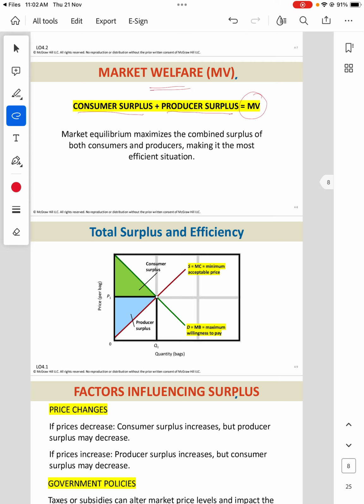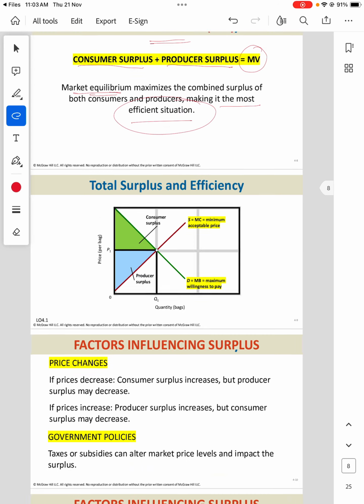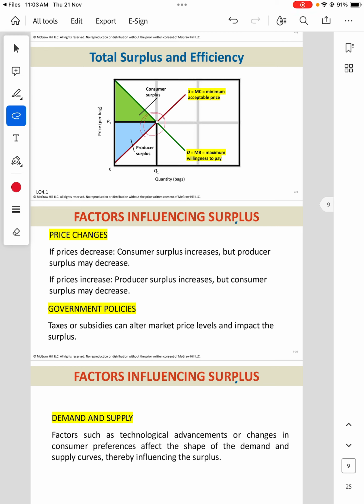Market welfare, or market efficiency, because market equilibrium maximizes the combined surplus of both consumers and producers, making it the most efficient situation. So when consumer surplus meets producer surplus here, it produces an efficient market.